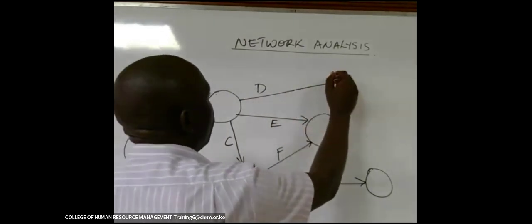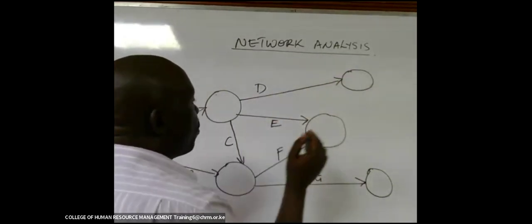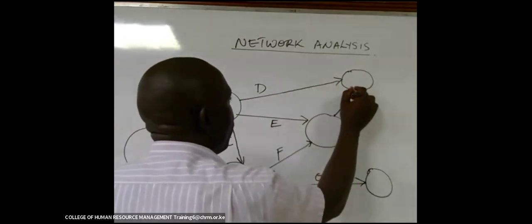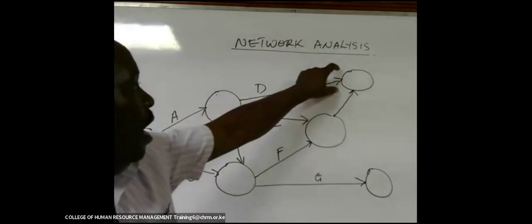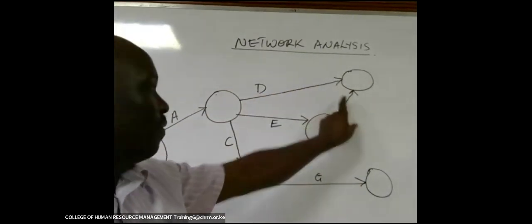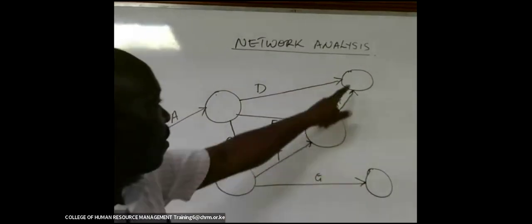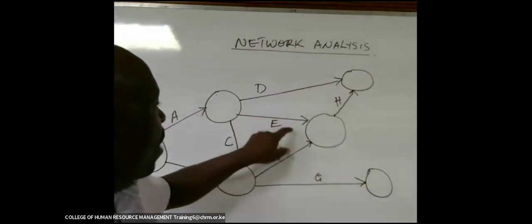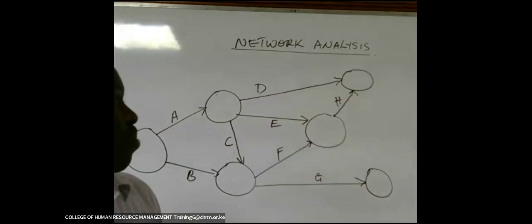Let D move on to that point like that, so that this D and this other activity that we are drawing will meet. Where activity D comes to an end, this activity H will also come to an end at that point, but H will come after E and F have been completed. They will meet there.